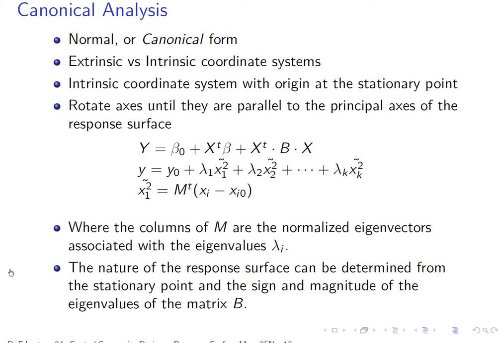So remember that by canonical or normal form, we're referring to a representation that's scaled or dimensionless. We're not working in the original units of the factors. That's what we mean by the extrinsic coordinate system.